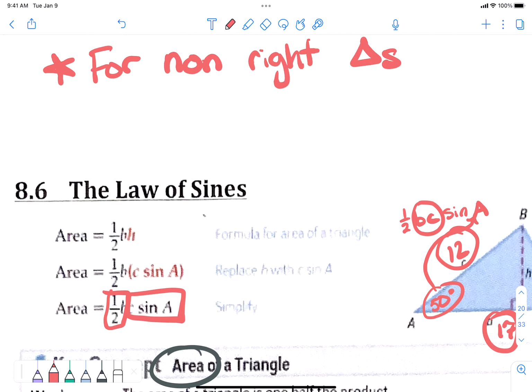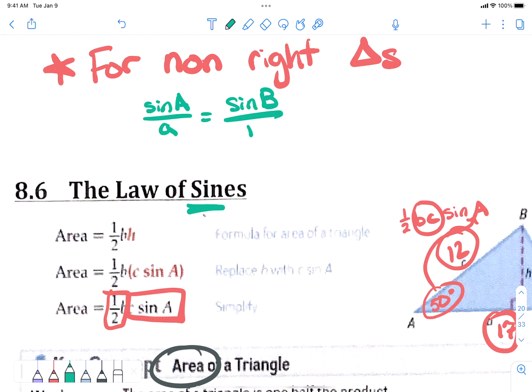What you're going to do is use sine in a proportion to solve things about non-right triangles, and here's the proportion. You can do sine of A over a equals sine of B over b. This is the formula for the law of sines, okay? Now, capital letters, if you haven't figured this out already, what do capital letters stand for?